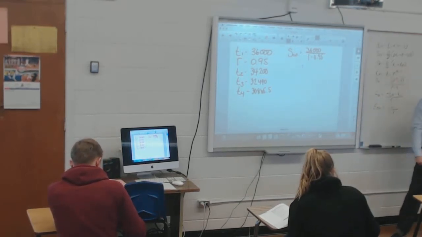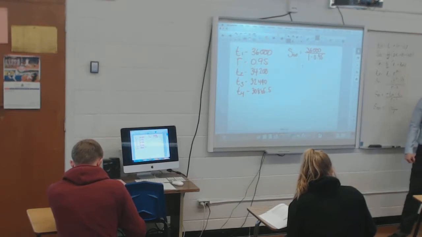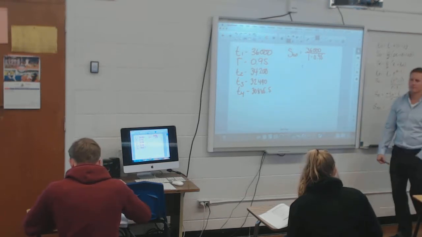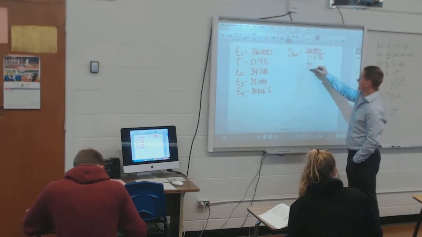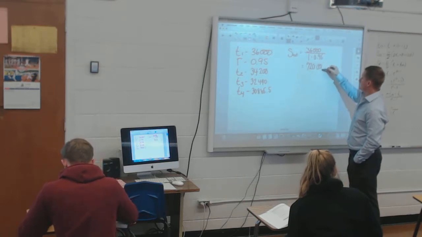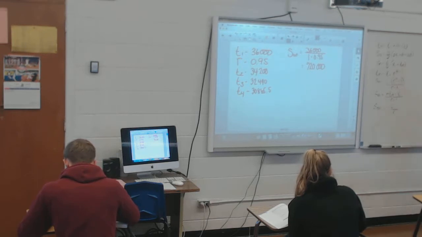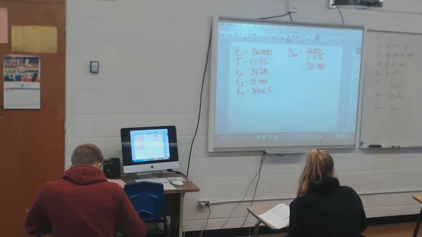So 36,000 divided by 0.05, and we'll get the amount of barrels that it will produce. 720,000. So over time, we'll get up to 720,000 barrels of oil. Okay?